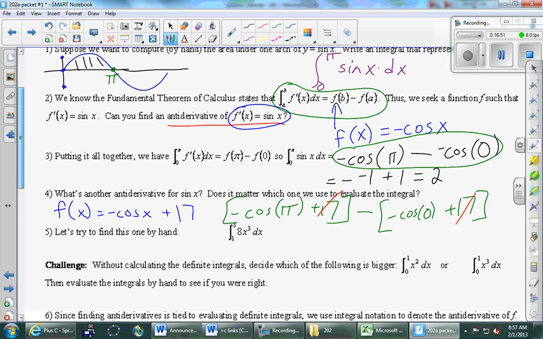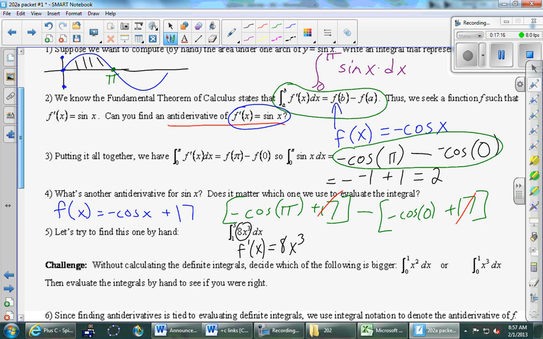Okay, number 5, I'll go up to Angus. Okay, so again, the goal is to look at that and try to think of this 8x cubed as being an f prime.